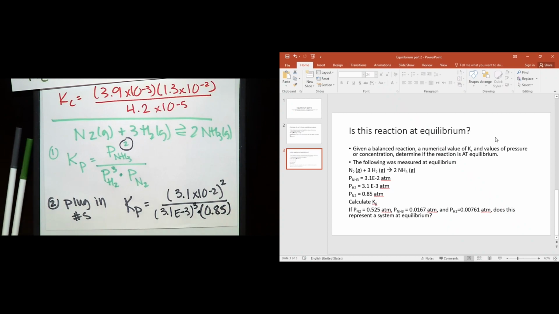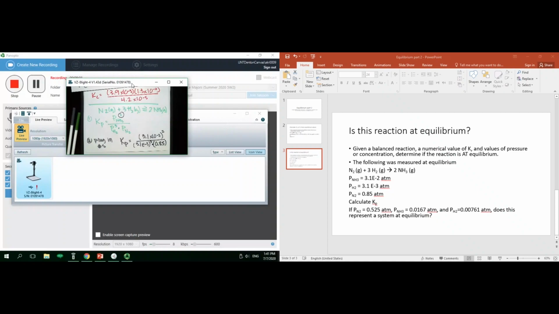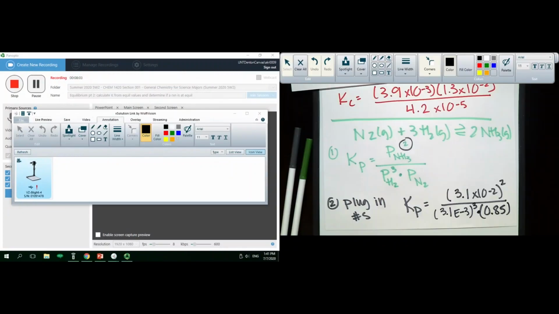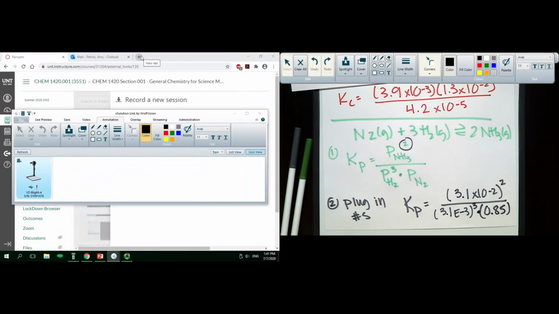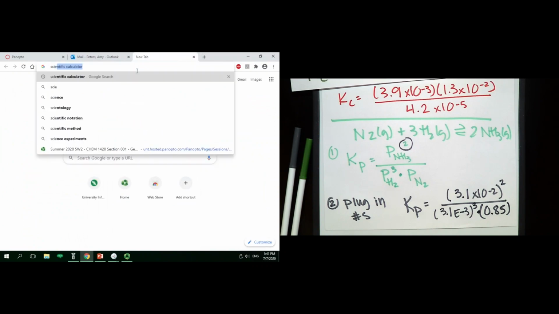Okay, so let me move this to the other screen, and I'm going to pull up my scientific calculator.